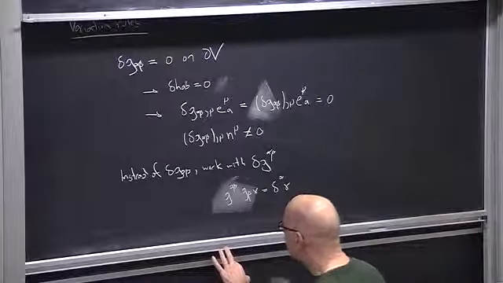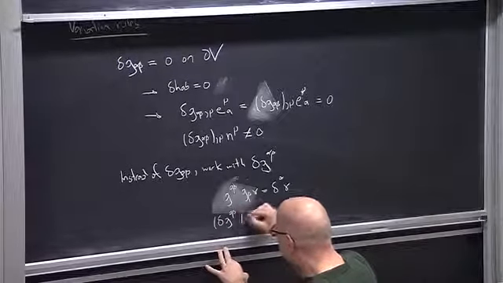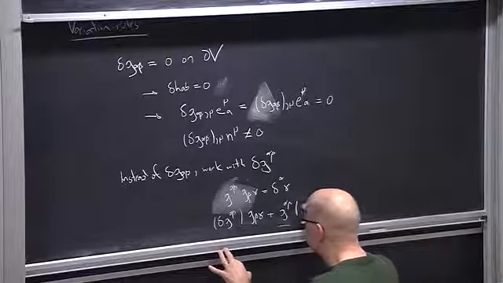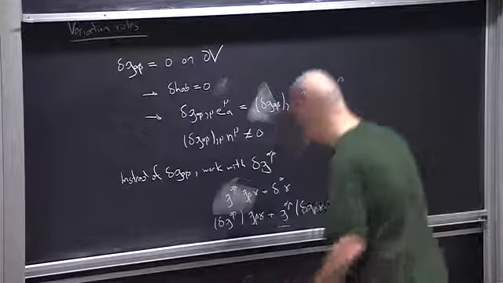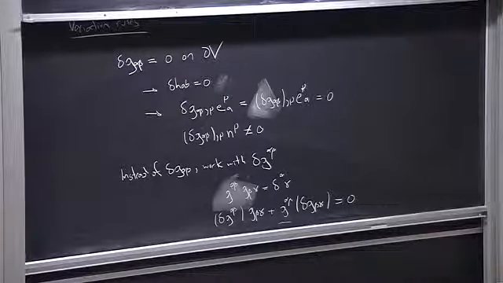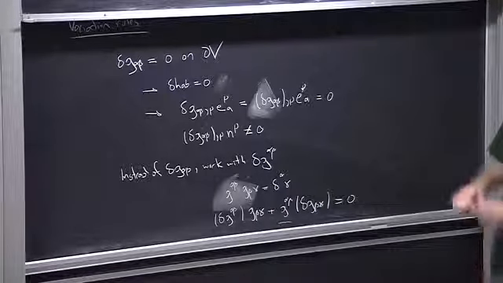I can take a variation of this. So I'll get this on the left-hand side plus this on the left-hand side, all of that being equal to 0. And that tells me that I can solve for this by just rearranging the indices a little bit.